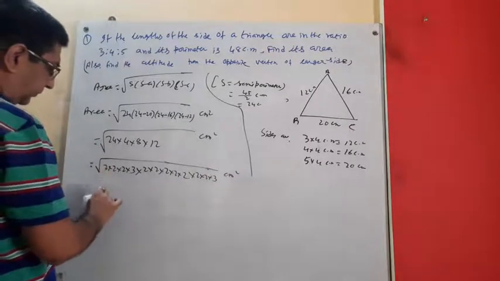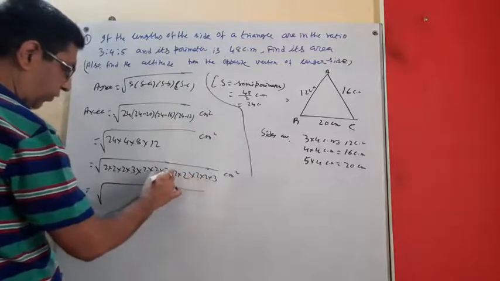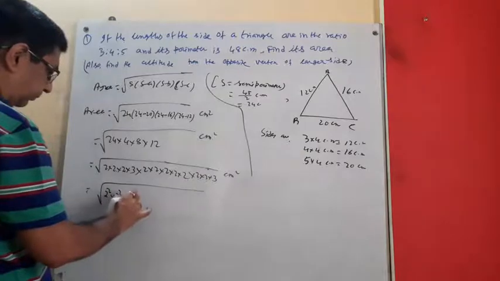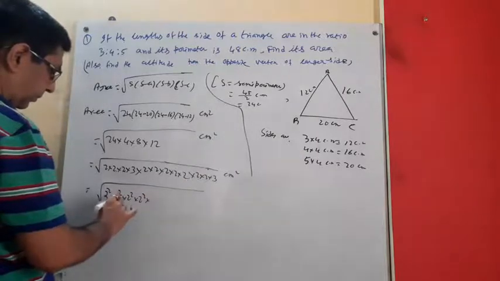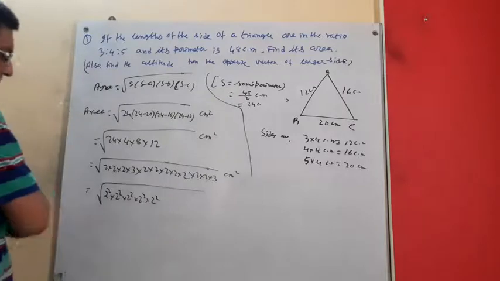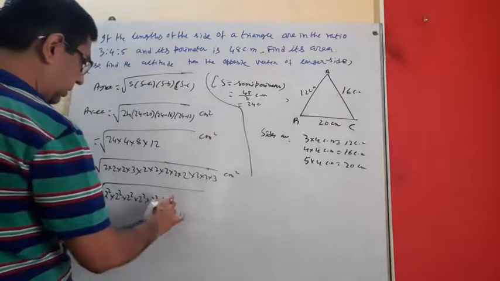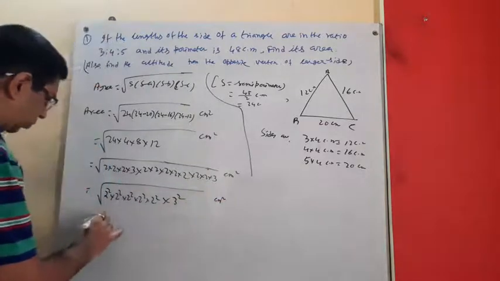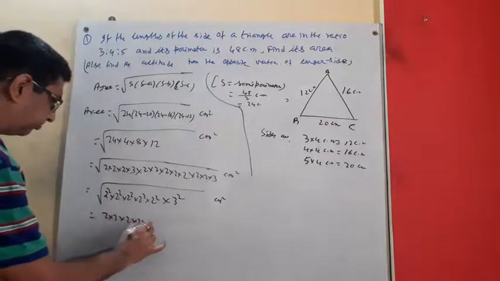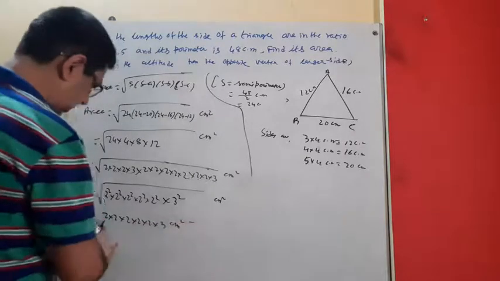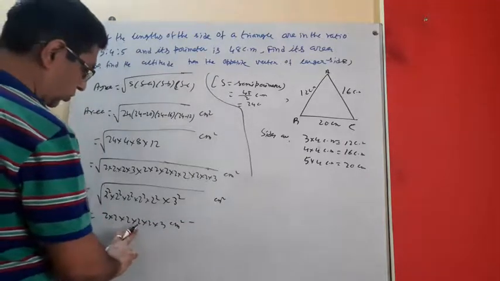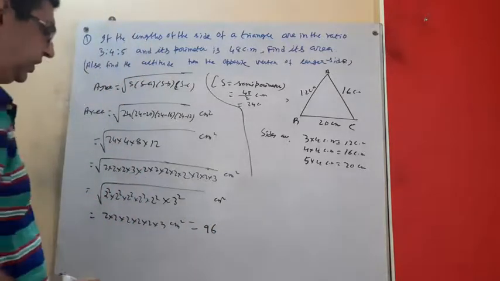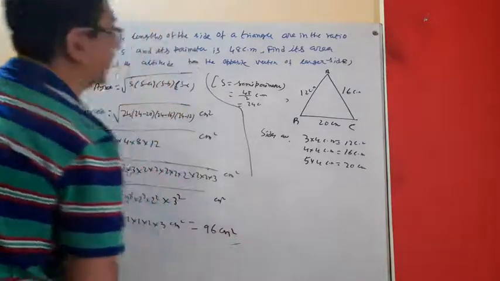Taking out the pairs, we are getting 96 centimeter square. This is the area.